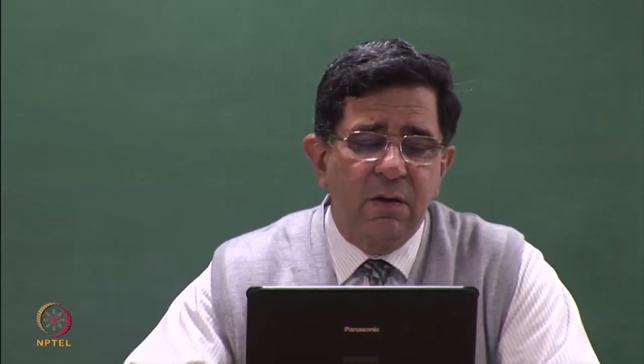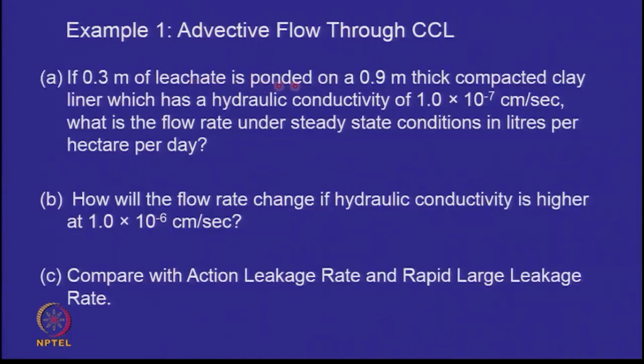So now what we are going to see is that if 0.3 meter of leachate is ponded on a compacted clay, I'm not talking of a composite liner, just a compacted clay liner, which meets our specification of 1 into 10 to the power minus 7 centimeters per second, then what is the flow rate which occurs under steady state condition in liters per hectare per day?